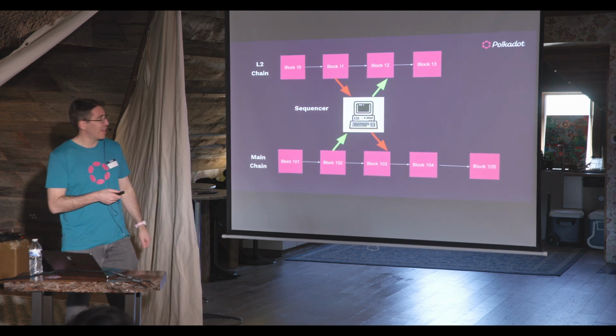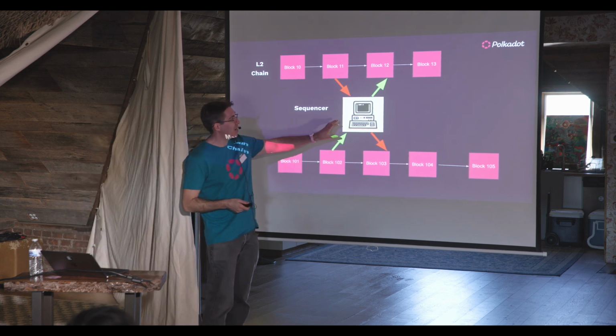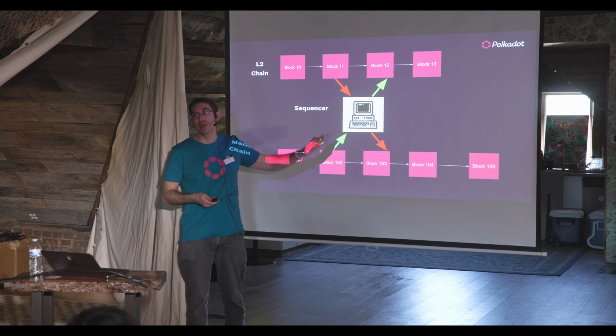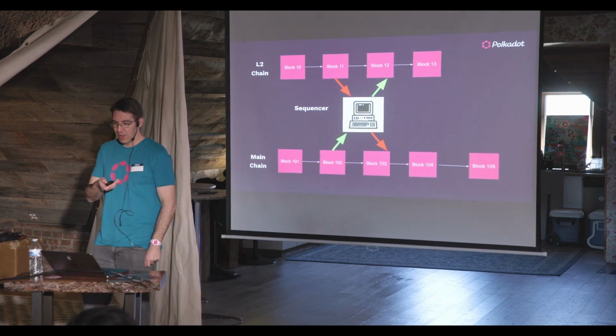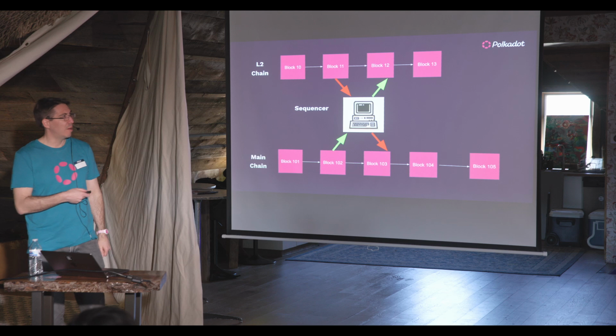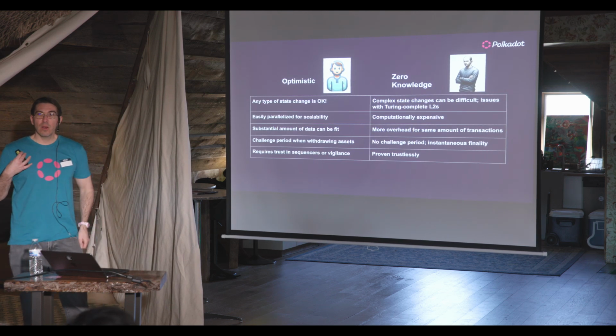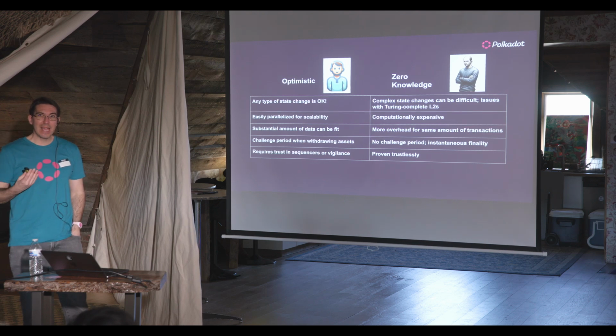So this is the basic idea. You've got the sequencer here, which, as you can see from its central location on the diagram, has some centralization risk. Because what happens if that sequencer lies about what's happening on chain?